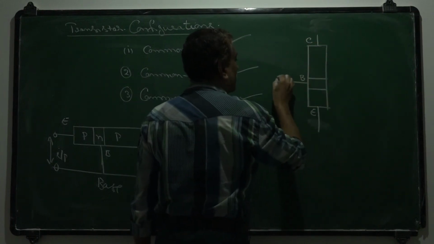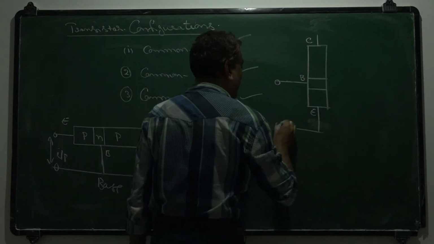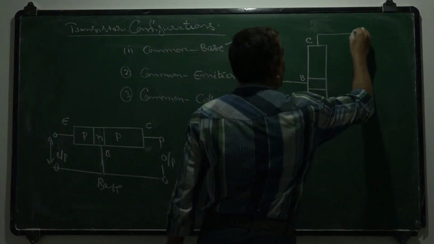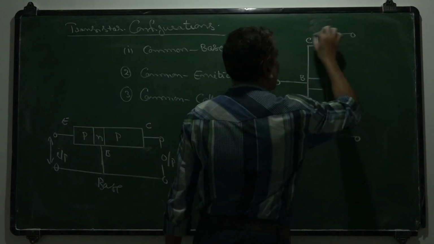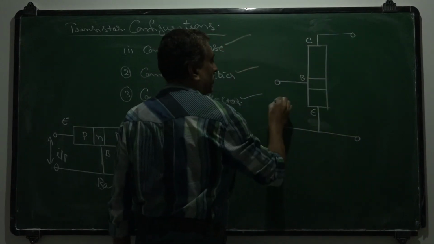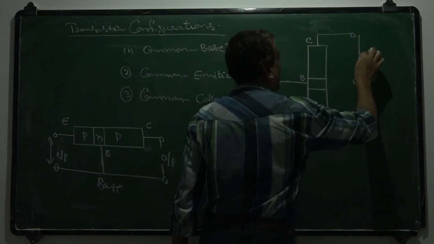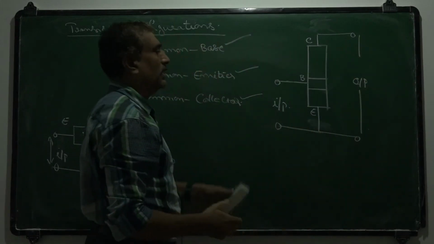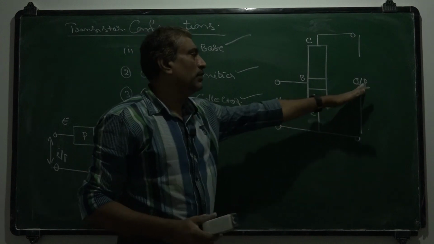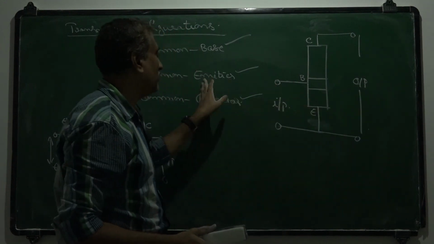So input is between base and emitter, and output is between collector and emitter, like this. So this is input and this is output. Here the emitter is common to both input and output. That's why it is common emitter.